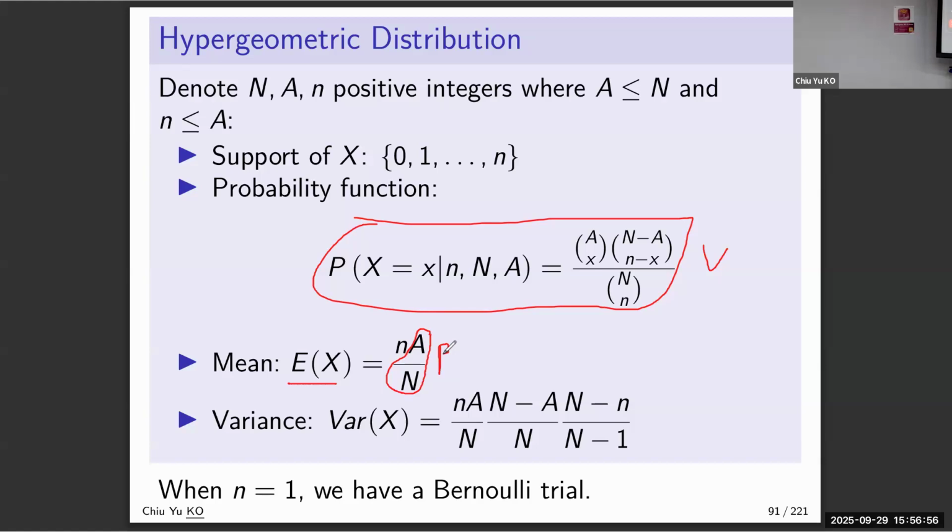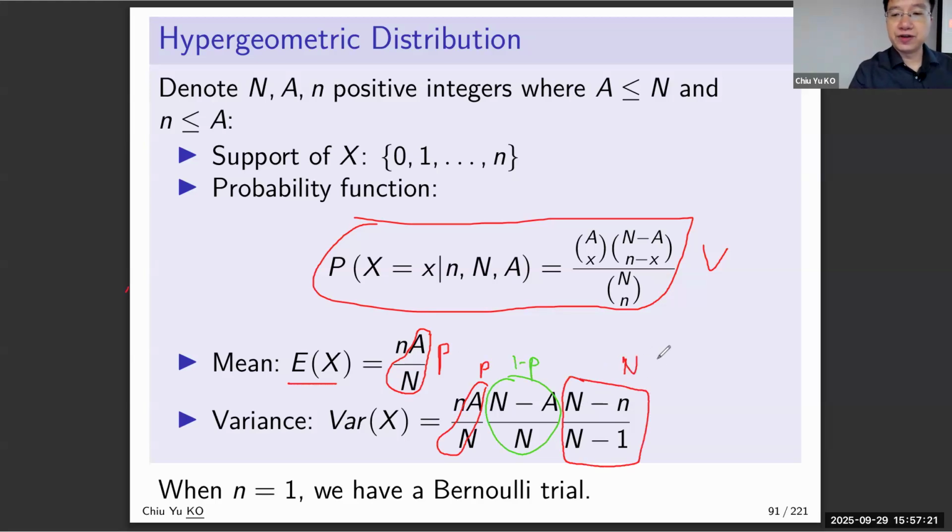But the variance turns out to be super complicated. If you remember, this is p, and if you look carefully, this is 1 minus p. It's n times p times 1 minus p. It's actually the variance of the binomial. But because you have a finite number of samples, that's why you have this extra factor.